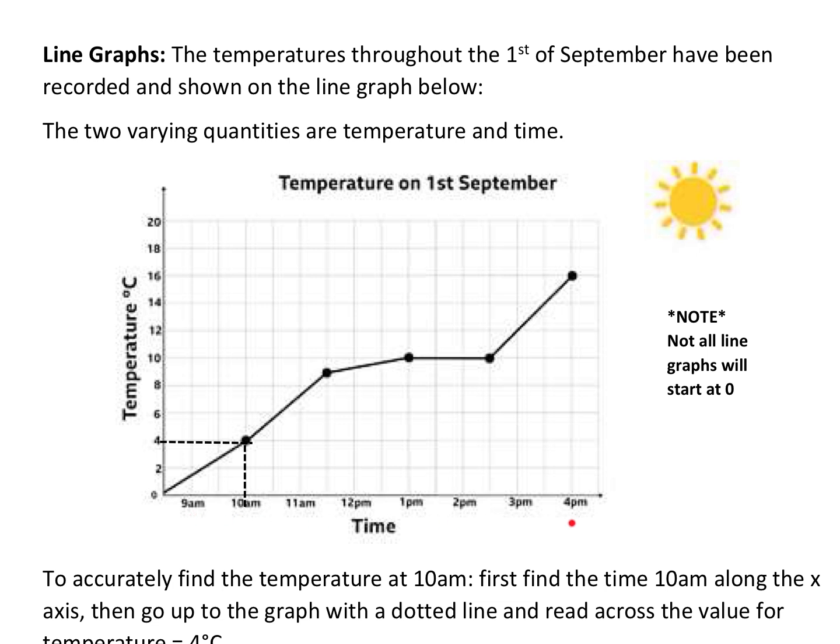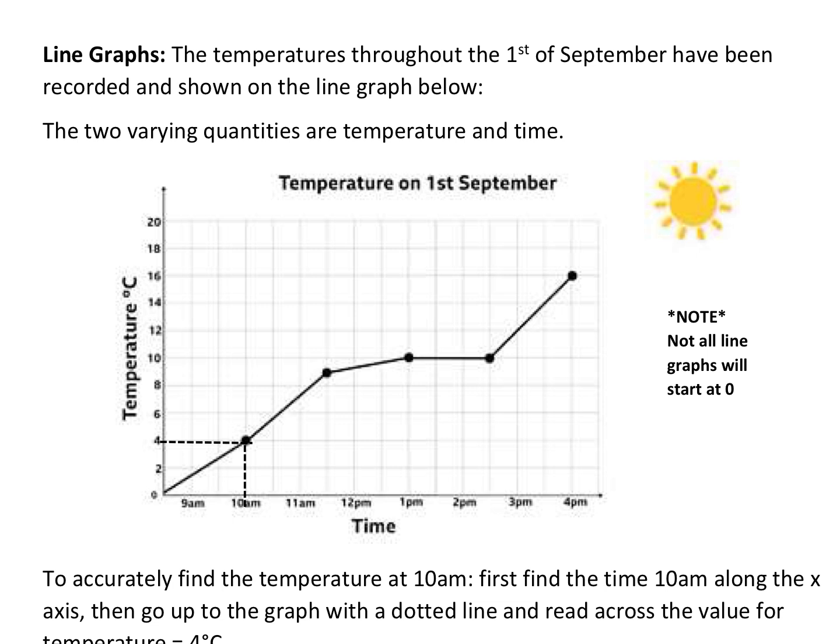That's one of the varying quantities. It varies because it's changing from 9 o'clock up to 4 o'clock. And the other quantity is temperature, that's up your y-axis. No longer your y-axis, it's your temperature axis. And it varies because it's rising from 0 up to 20.